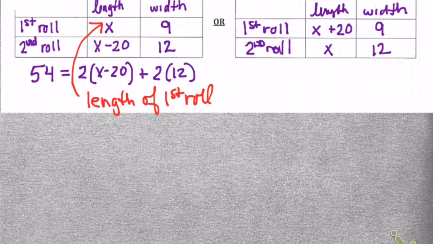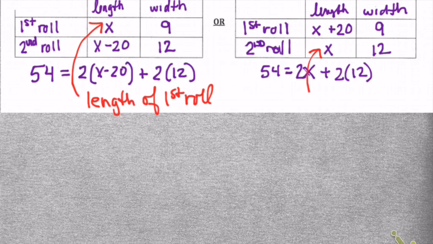Now in the second situation, so looking at the second table, again, that perimeter of the second roll is 54 feet, so 54 would be equal to twice the length. This time that's just X plus twice the width. And the reason this works as well is because we're looking for a different thing.